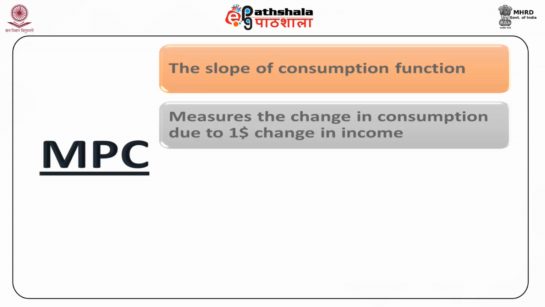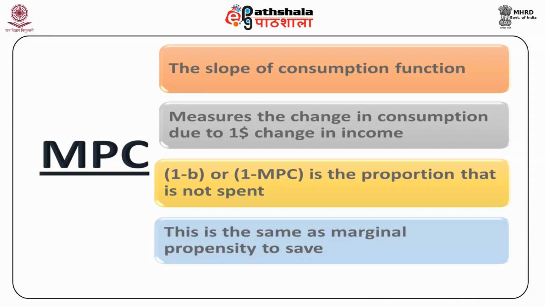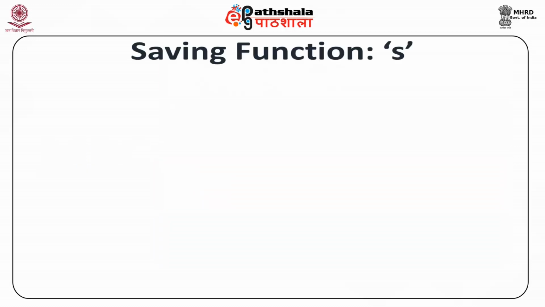As the rest of the income is saved, 1 minus B or 1 minus MPC is the proportion that is not spent. This is the same as the marginal propensity to save. This could also be denoted by small s in the saving function.